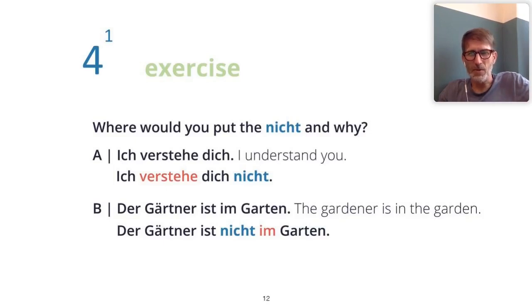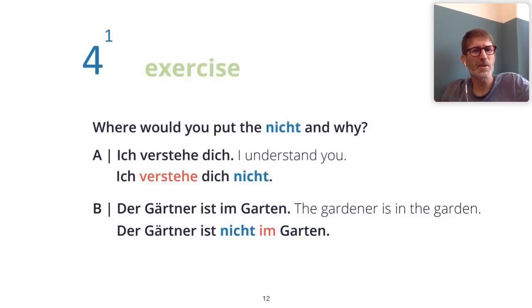So how would you do it with B? What's the reason why you put the nicht where it is? If you don't type, at least think for yourself. You will get plenty of opportunities to practice this in your German learning. So whenever you see a nicht, ask yourself, what is it negating?